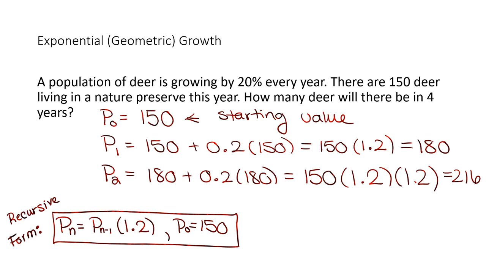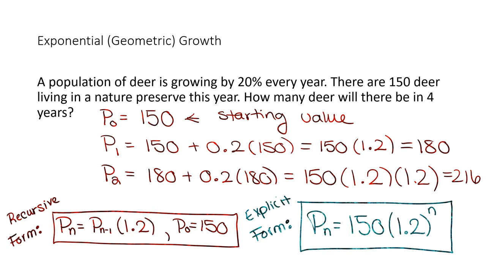Each year we multiply by an additional factor of 1.2. We can describe this in explicit form using an exponential equation. So Pn, our population, is going to equal 150 times 1.2 to the n. We put an exponent on that 1.2 for the number of years, and that indicates how many times we're multiplying by the 1.2.